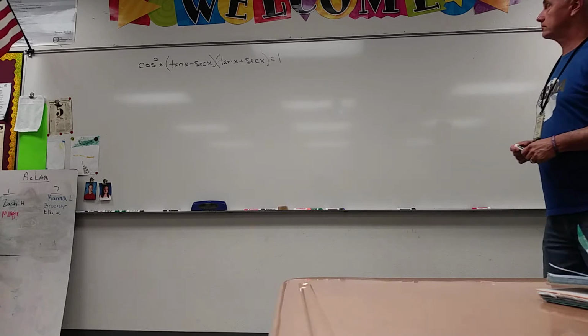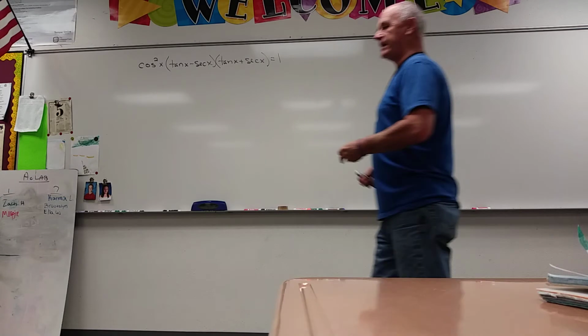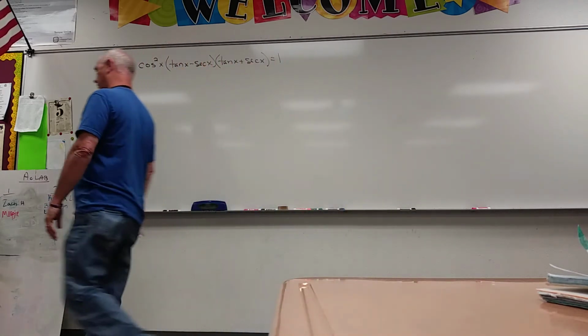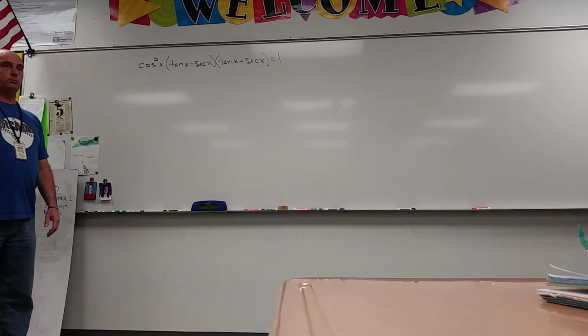Okay, we don't know. This is the one problem where we don't know whether it's an identity, a contradiction, or a conditional equation. Does that change the way we go about doing this? No. Which side do you want to work on? The left. Good idea.